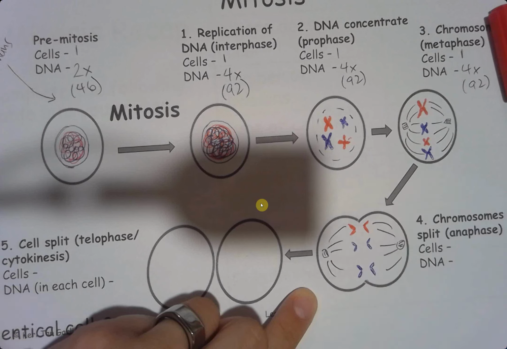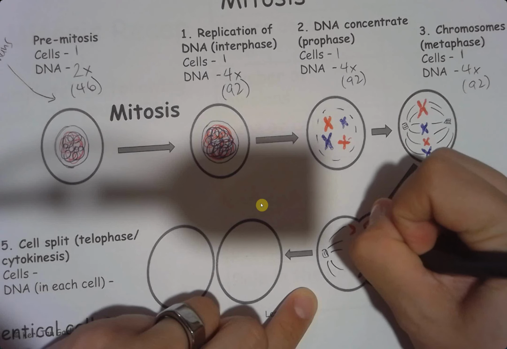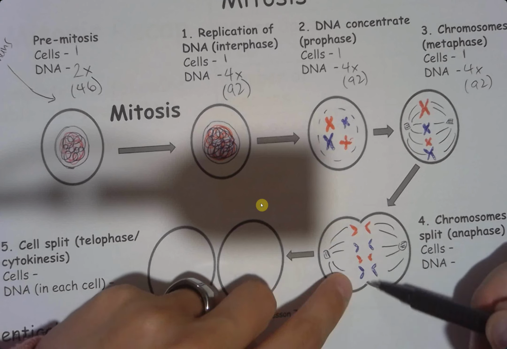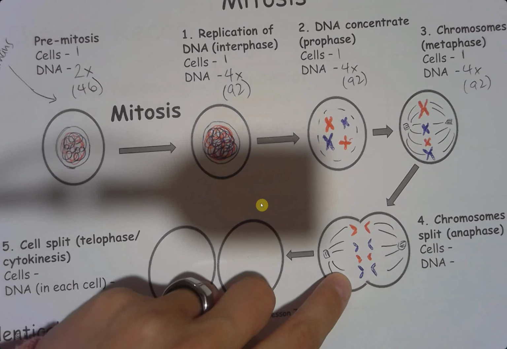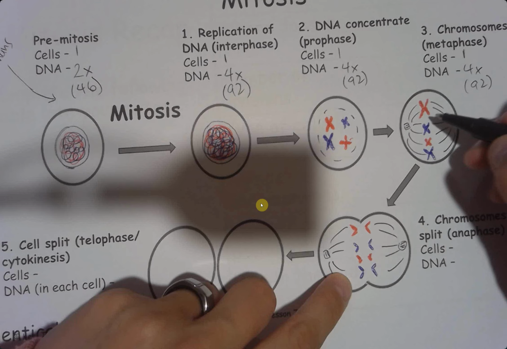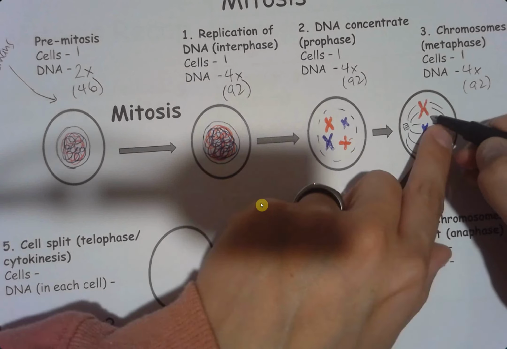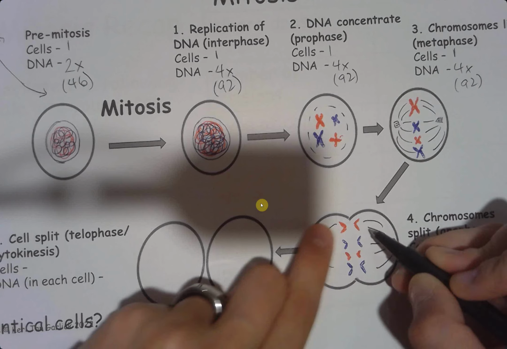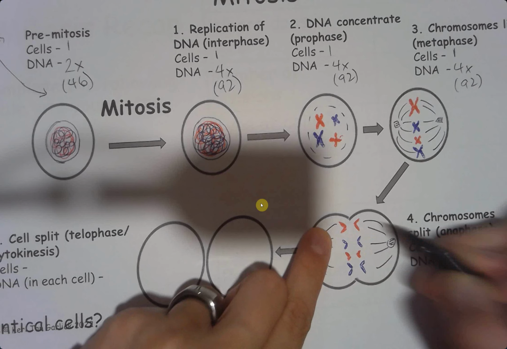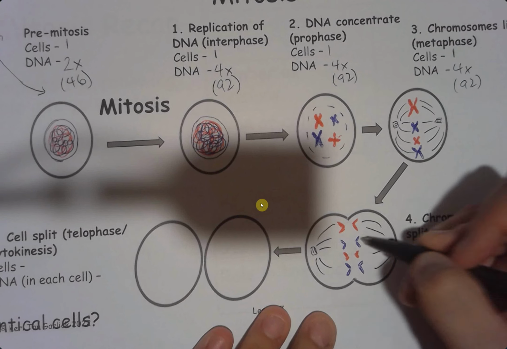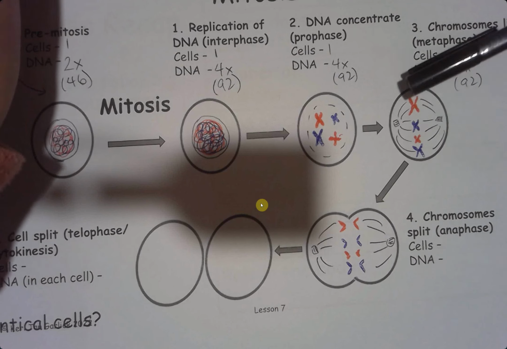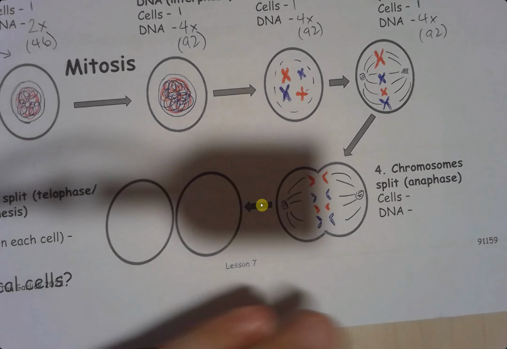Like I said, this is where the terminology gets confusing because when they split apart like this, these guys are referred to as chromosomes still, even though they split in half. So chromatid, chromatid, chromosome, chromosome. Sister chromatids pull apart, chromosome, chromosome. So that's where, when I say there's 92 chromosomes, 1, 2, 3, 4, 5, 6, 7, 8, that's what I'm referring to. It's just a number to kind of show you idea-wise what's happening.